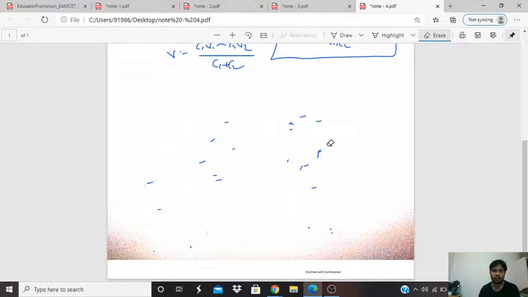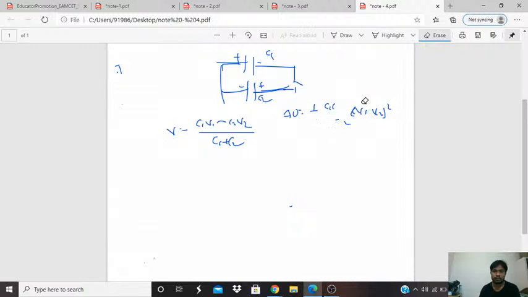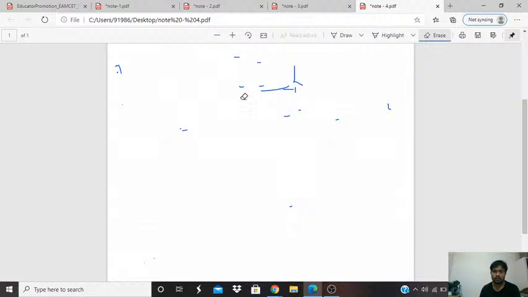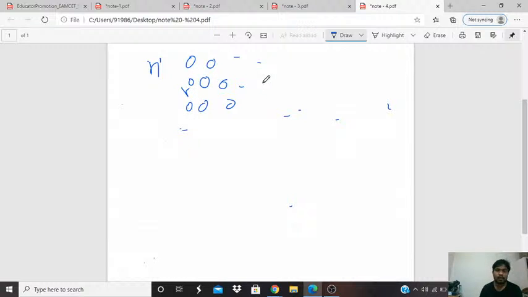We'll see one more important case. See guys, suppose n number of identical liquid drops, each of smaller radius r, are combined to form a big drop of radius capital R. Then we have some relations.